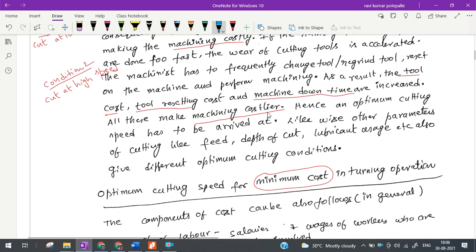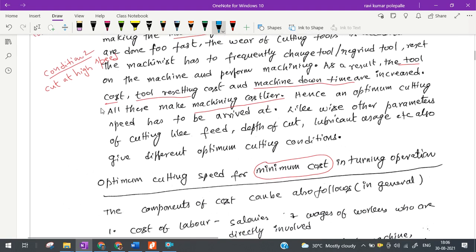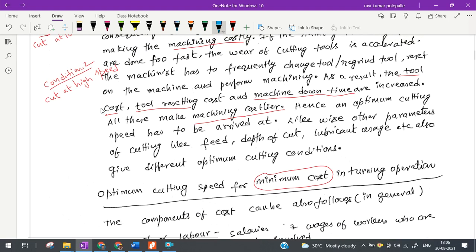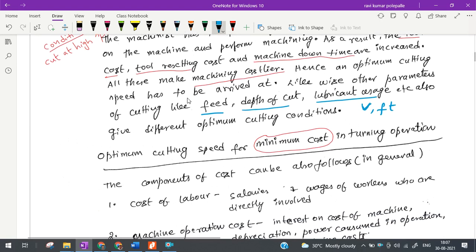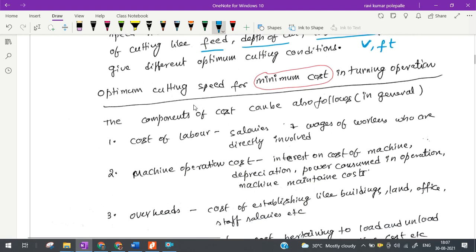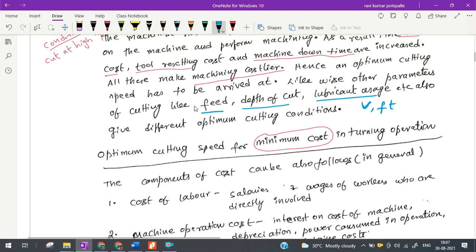Here one has to understand that not only cutting speed, we have many more parameters like feed, depth of cut, lubricant usage, type of the cutting tool material, and so many other parameters which can be optimized. But most of the times, speed, feed, and depth of cut (V, f, t) are the simple conditions which can be controlled so that we can obtain the optimum values leading to minimum cost or maximum production rate.